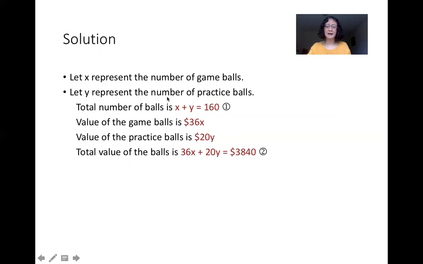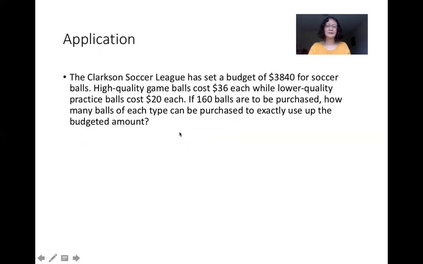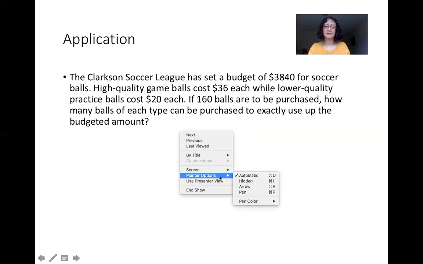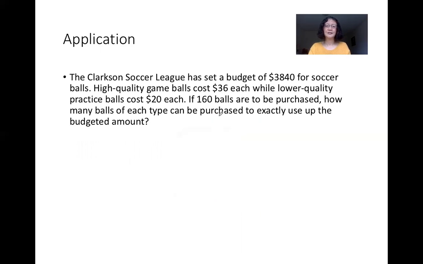Maybe I will do the analysis here. The question asks, how many balls of each type can be purchased? So how many types do we have? We have two types. One type is high quality game balls. We use X to represent the number of high quality game balls.